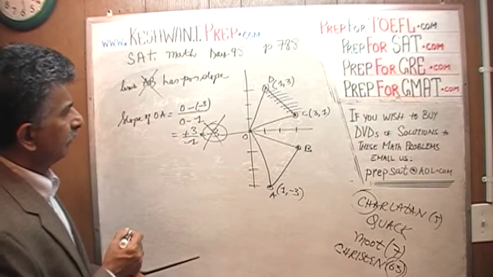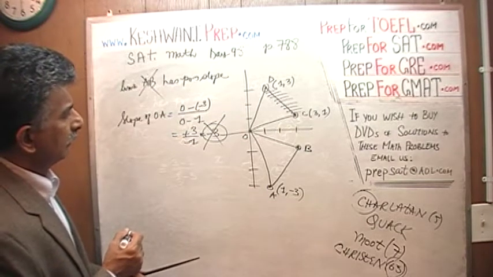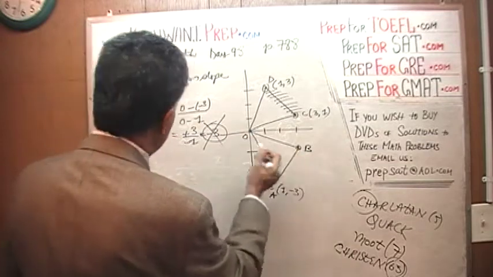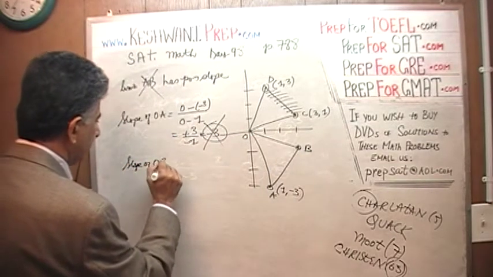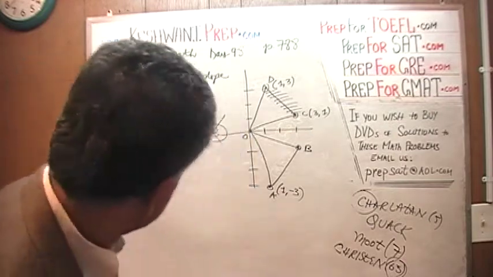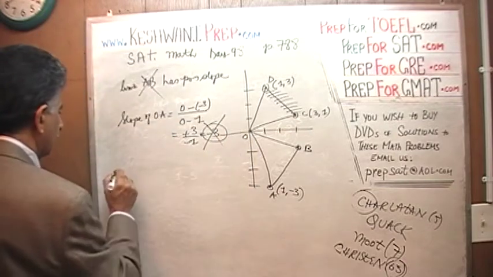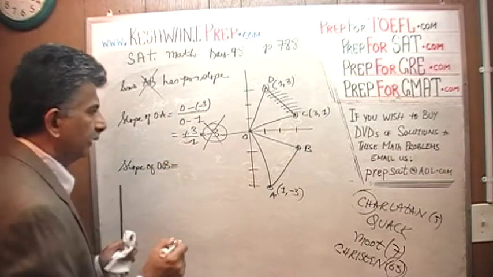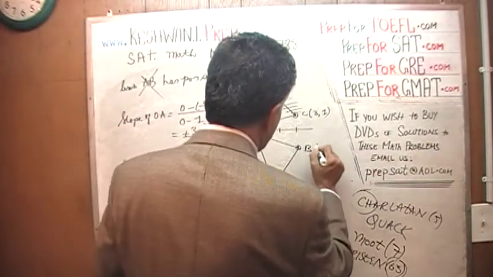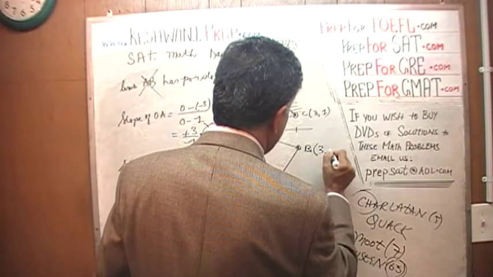What is the other negatively sloped line? This one, O to B. Let's find out. B has the coordinates of 3 and negative 1.